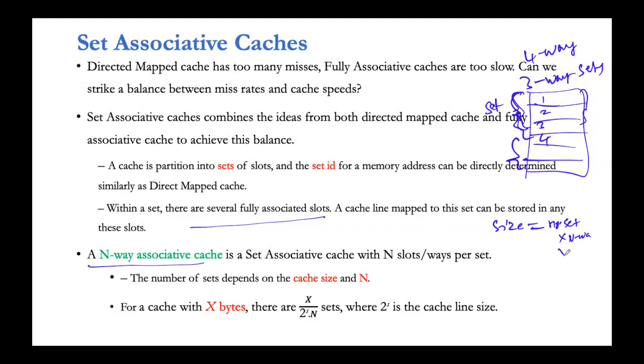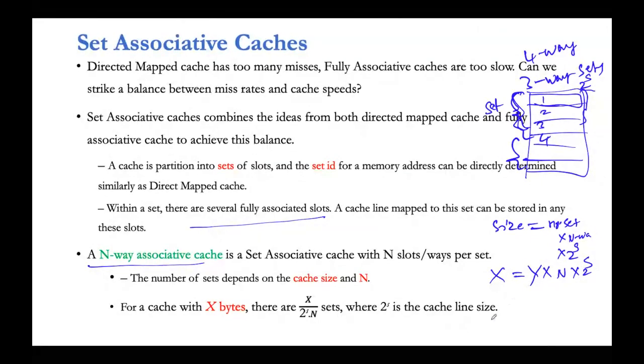That is multiplied by the size of the cache line, which is 2 to the power of s. So you can write: size of your cache is equal to the number of sets, let me call the number of sets y, multiplied by the number of ways, multiplied by 2 to the power of s.